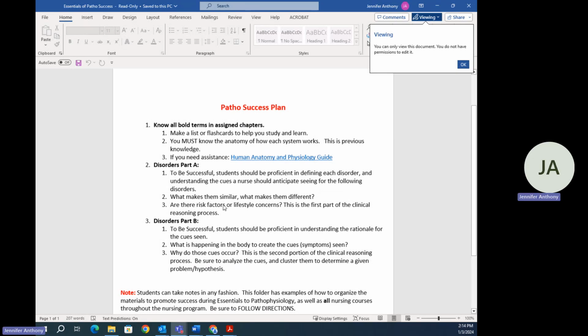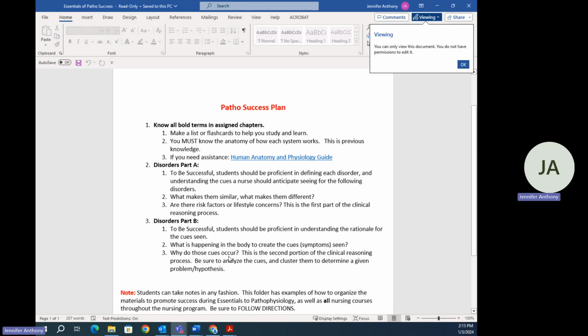They should also be able to understand what makes them similar, what makes them different, and are there risk factors or lifestyle concerns. That is part of analyzing cues. So the first part of the pathophysiology for this course is knowing the definition of a given disorder and all of the cues that should be expected to be seen if a nurse knew a patient had a given disorder.